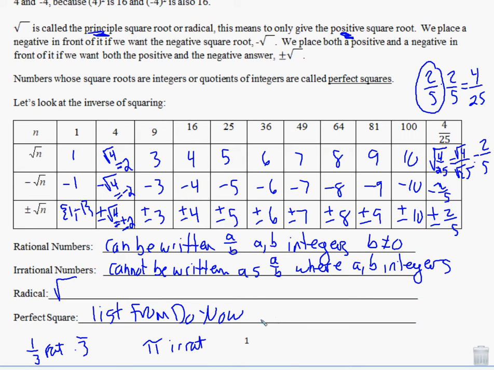So its list comes from an integer being squared. I'll say an integer squared equals a perfect square.